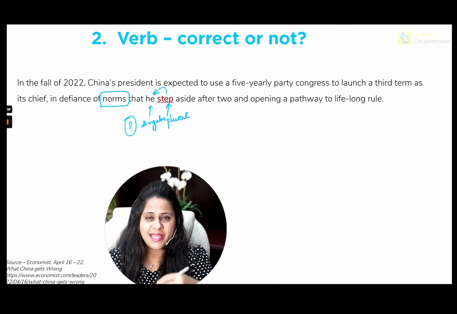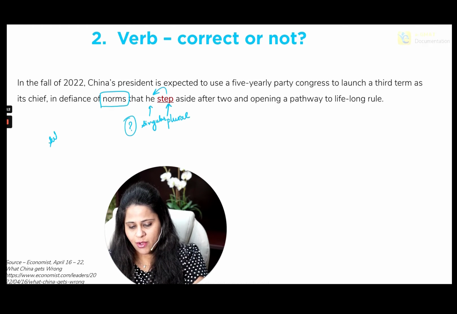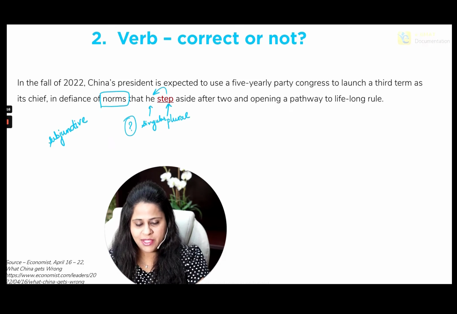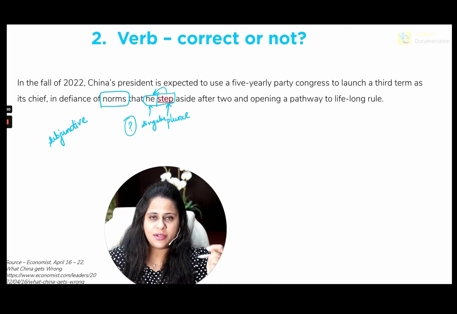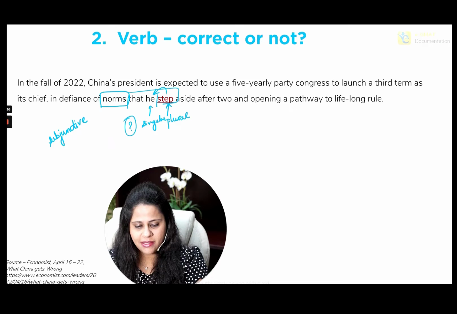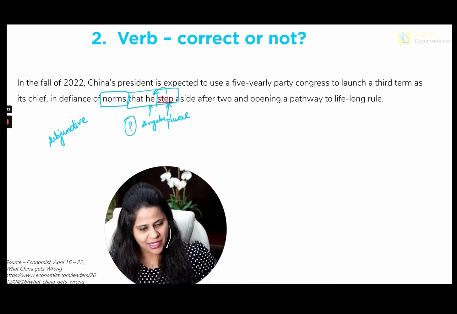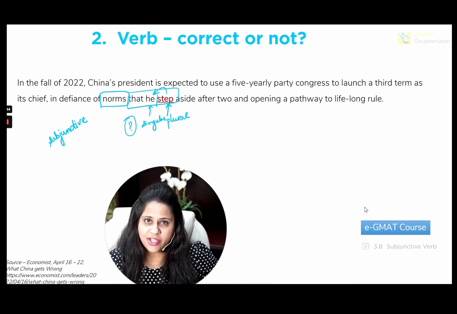Now, the use of the word norms necessitates the use of a subjunctive verb. And that is what you see over here. "Step" is the application of the subjunctive verb, to be exactly precise, that he step is the usage of the subjunctive verb. So this verb usage is absolutely correct. And look what you did. The knowledge that you gained from subjunctive verb, right?